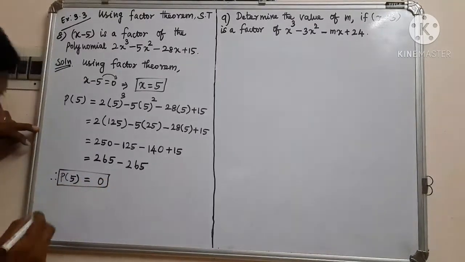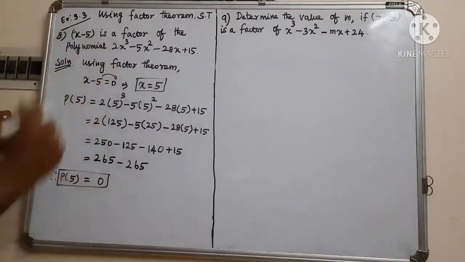If the remainder is 0 means x minus 5 must be a factor of this polynomial.